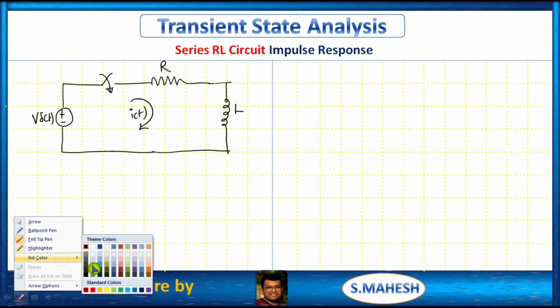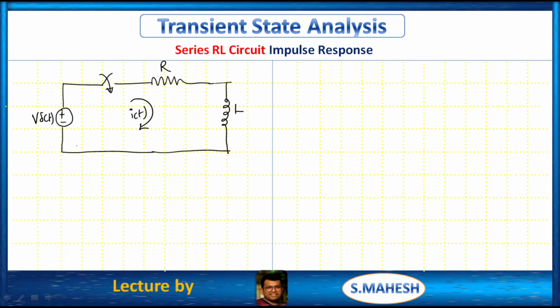So the series RL circuit is excited by an impulse input, that is delta of t. We can represent it like this, okay? Sorry, V into delta of t, okay?